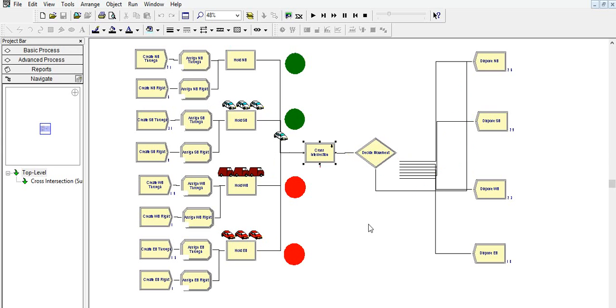The queue formation is related to the arrival rates and arrival distribution that we input, but it's a little bit tricky when we come to the queue dissipation.